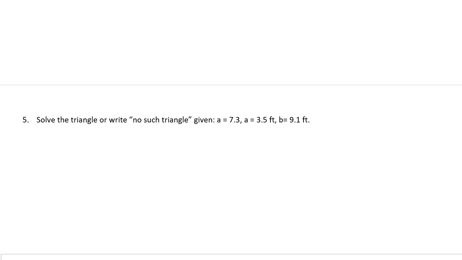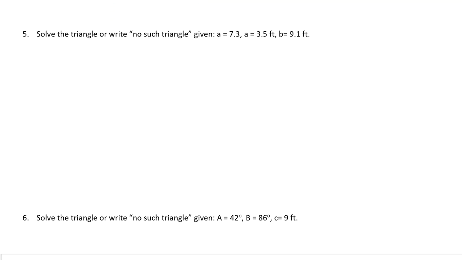All right, so let's see what we've got in number 5. Here we've got a side, side, side case. So now we cannot do law of sines. In a side, side, side case, we could find any of the angles, but we have to use the law of cosines to do that. In law of sines, if you have a choice, you should find the smallest angle first.